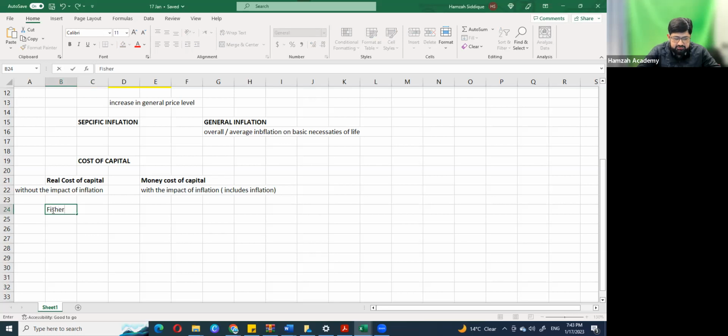There is a Fisher's formula which explains the linkage between the money cost of capital and real. 1 plus money cost of capital is equal to 1 plus real cost of capital into 1 plus general inflation.